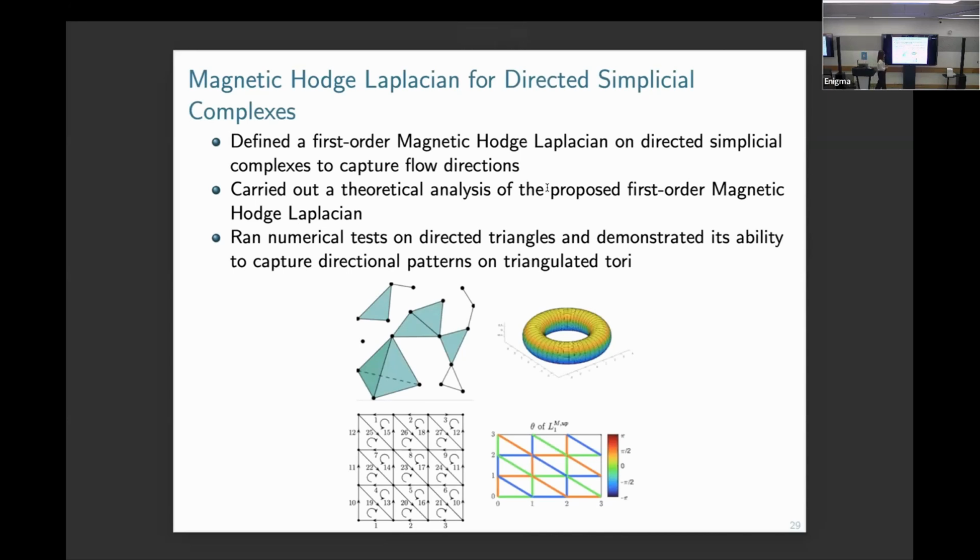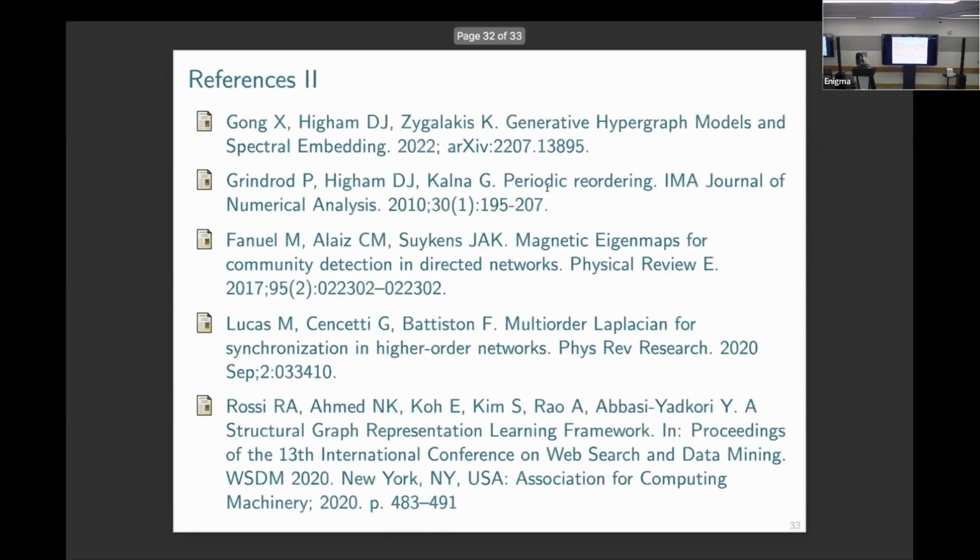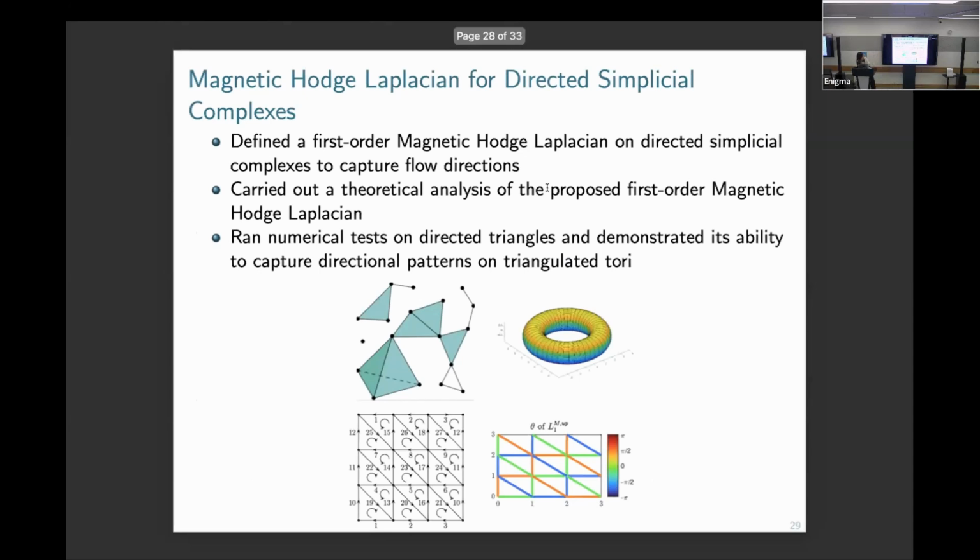In this work with Genestra, we're trying to define the higher order connection Laplacian for simplicial complexes, such that we can capture the rotation between nodes over their shared edges, or rotation between edges via their shared triangles.